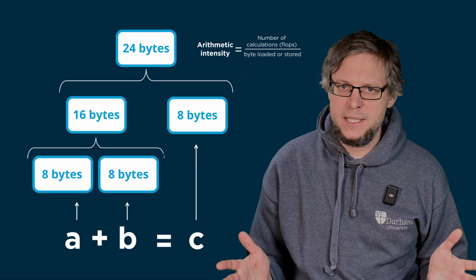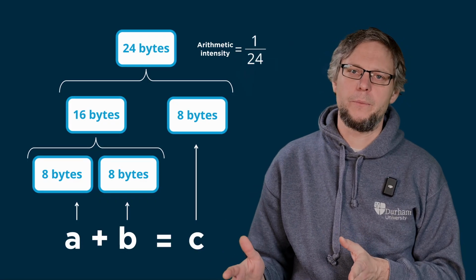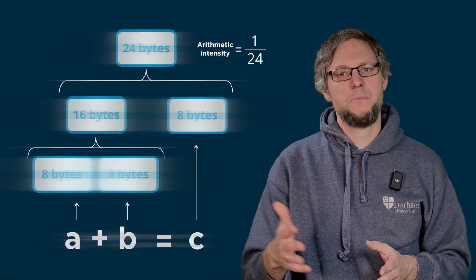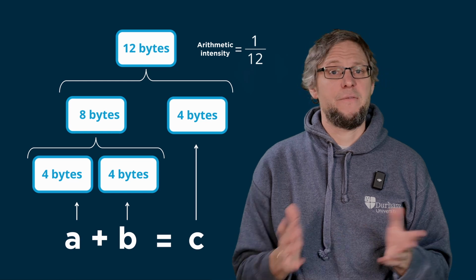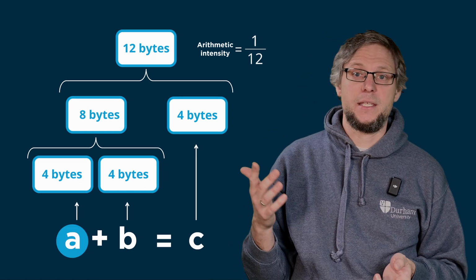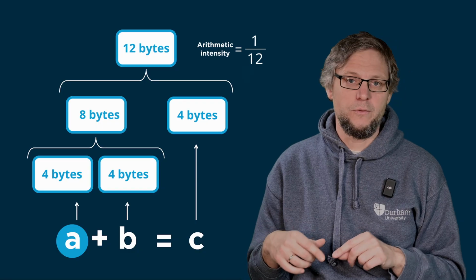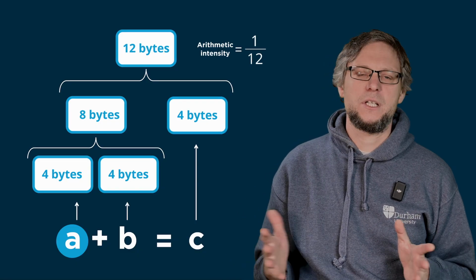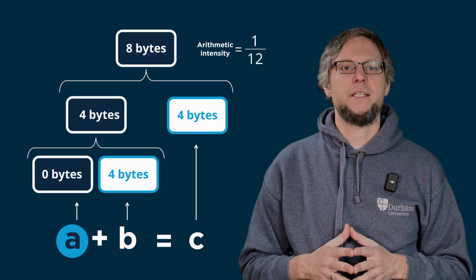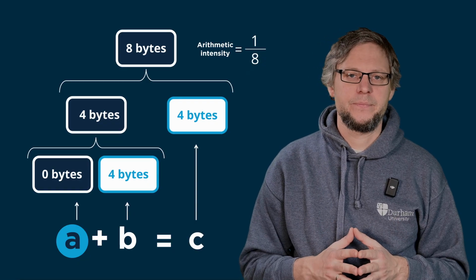The arithmetic intensity hence is 1 over 24. In half precision it becomes 1 over 12. If A is already in the cache as it is a value calculated shortly before, that means temporal locality, we raise the arithmetic intensity to 1 over 8.